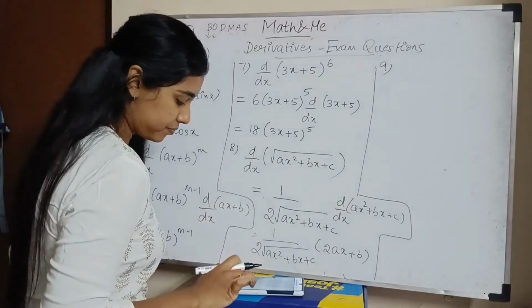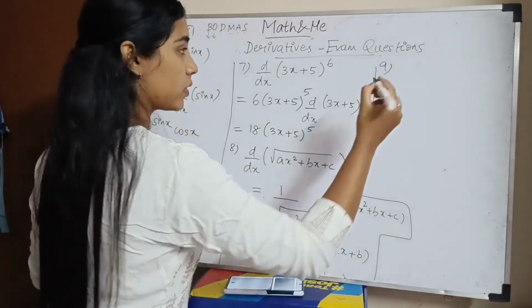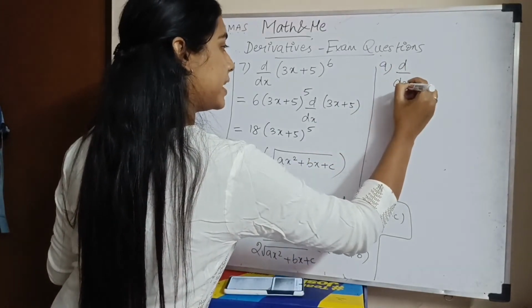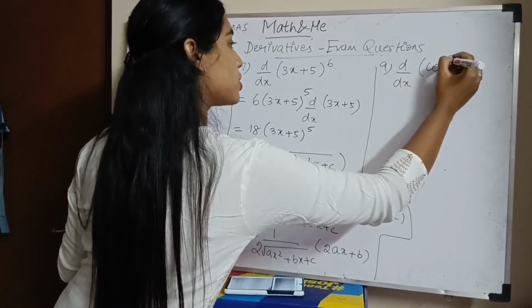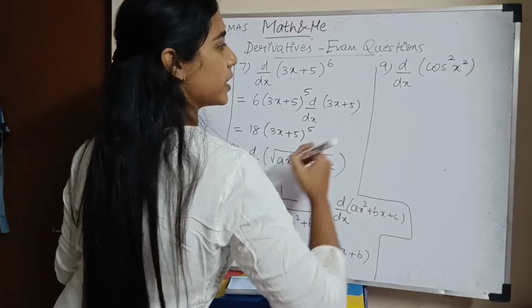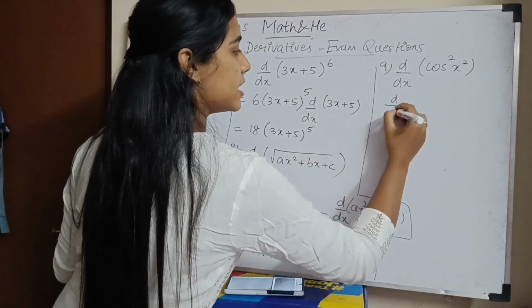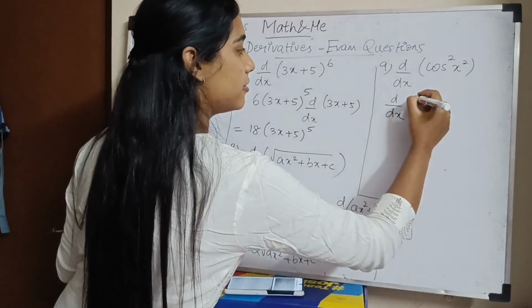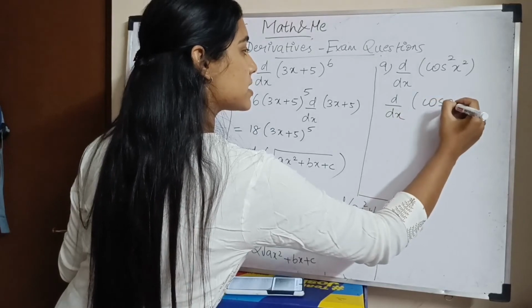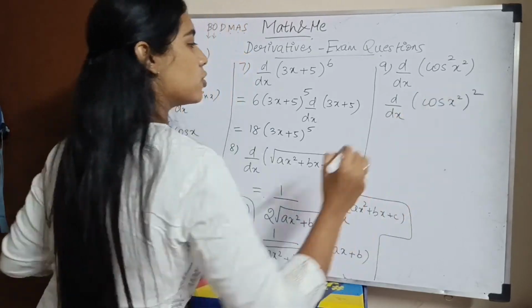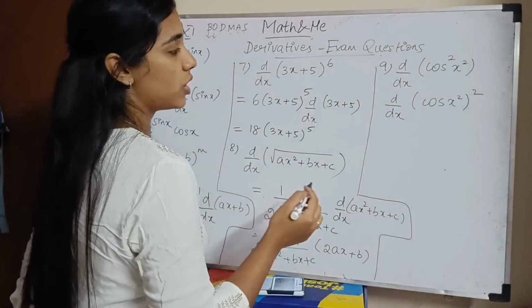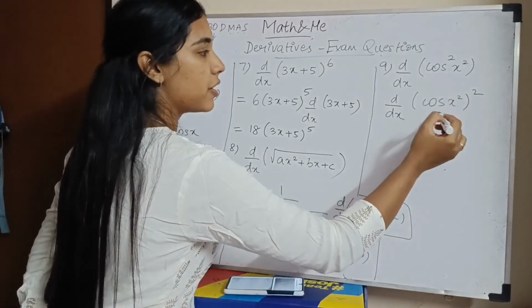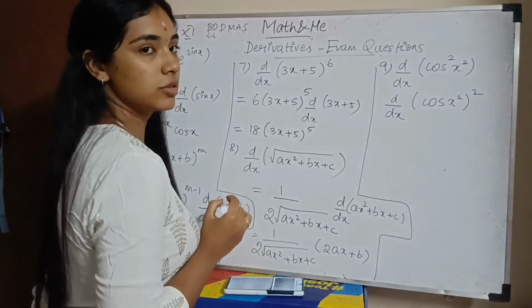Next question. d by dx of cos square x square, which means it's d by dx of cos x square, the whole square. Okay. So now you have a function to the power 2.